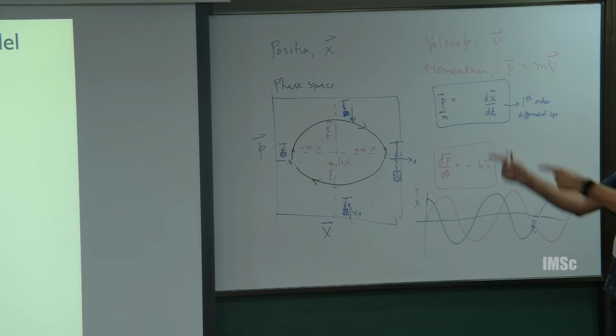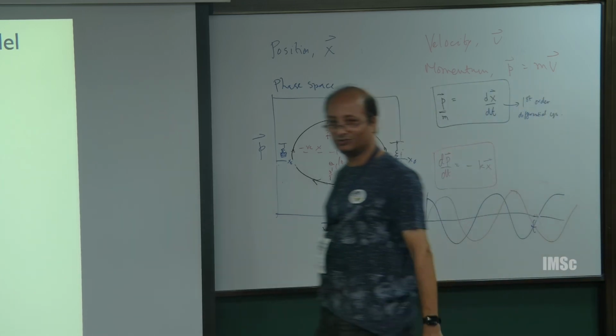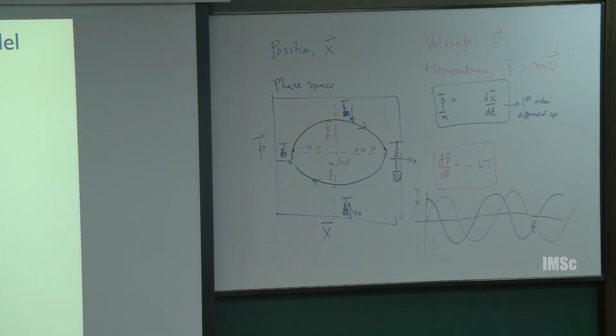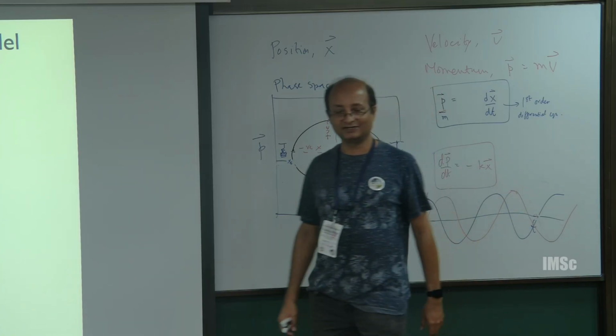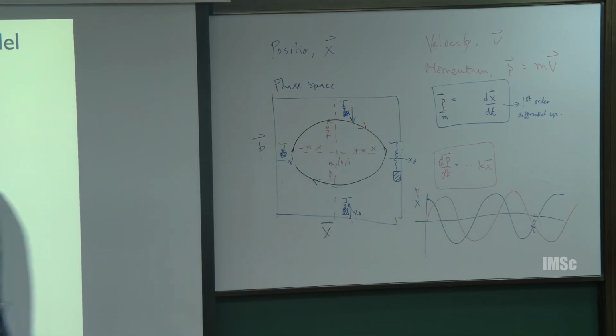Now let me do this with Fitz-Nagumo. How will you do this with Fitz-Nagumo? Here I had the luxury that I could draw x versus t and p versus t and show you. In general, for dynamical systems, you want to do this without having the plots of the dynamical variables as a function of time.